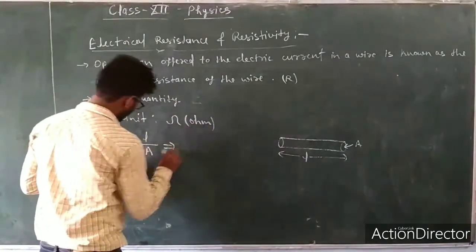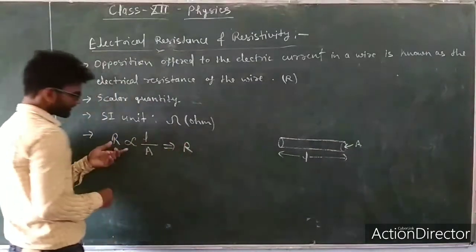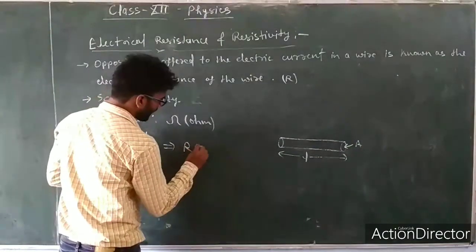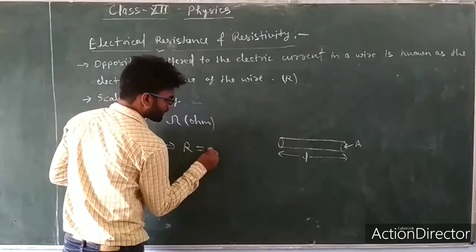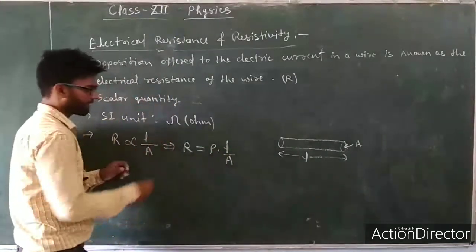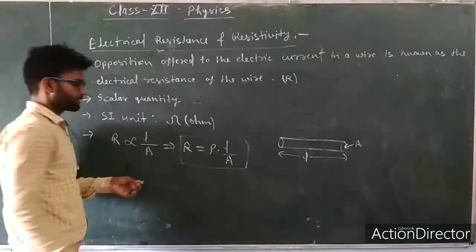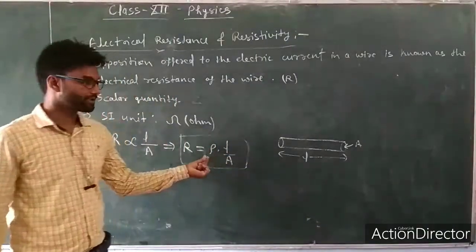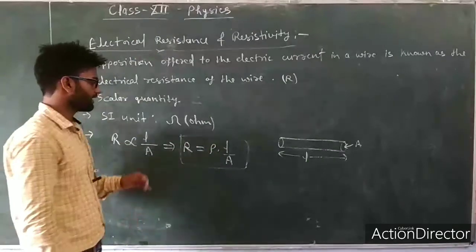So if we remove this proportionality, R will be equal to some constant into L by A, right? And this constant is known as the resistivity of this wire, right?